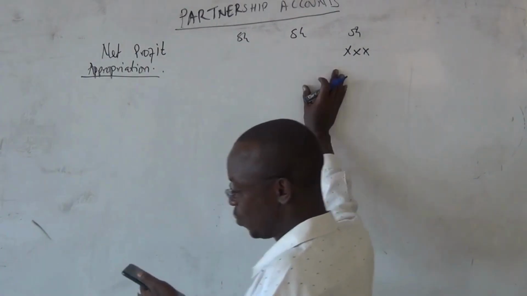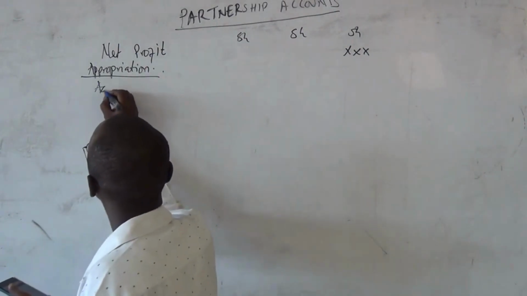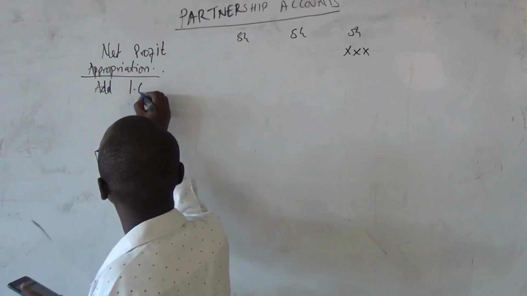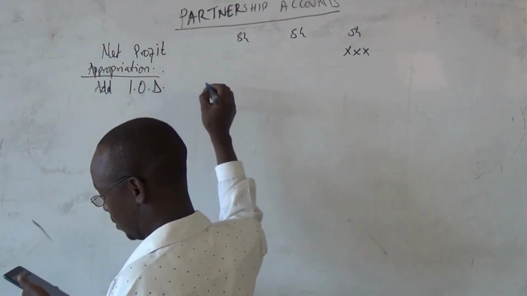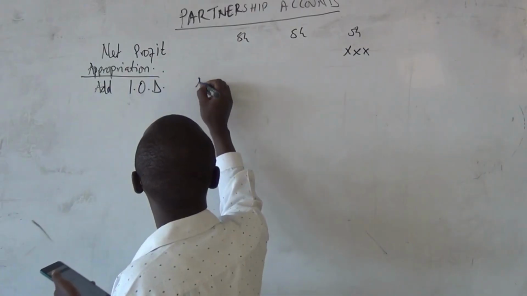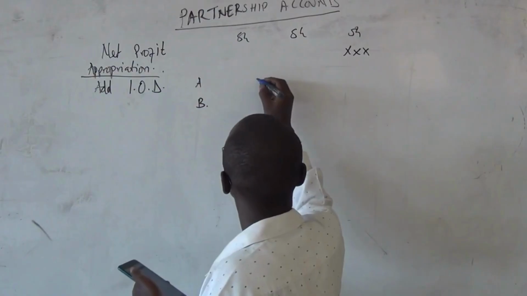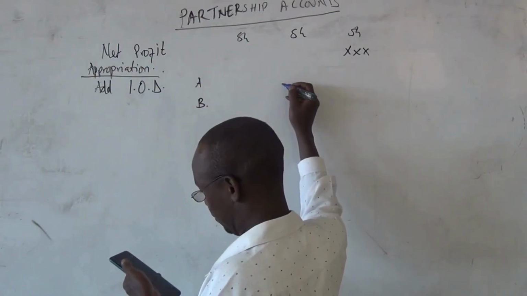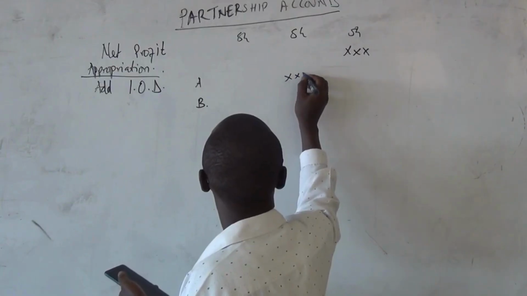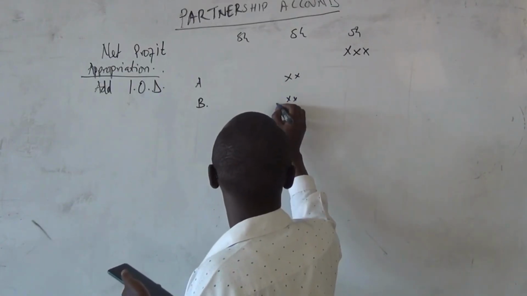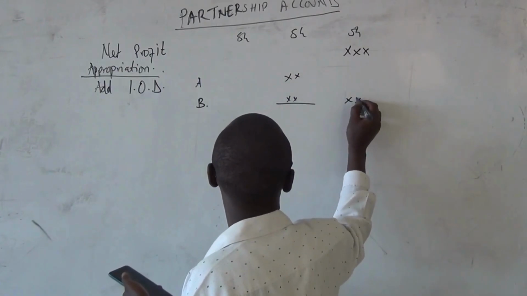So then you add interest on drawings. We have partner A and partner B. You put them here, A and B, you add, and you put the final figure here.